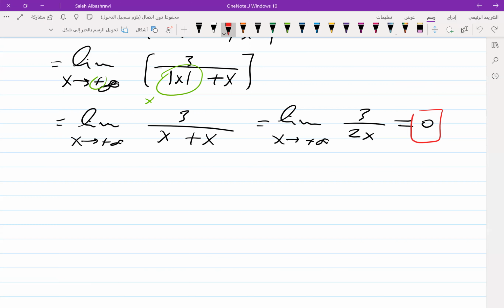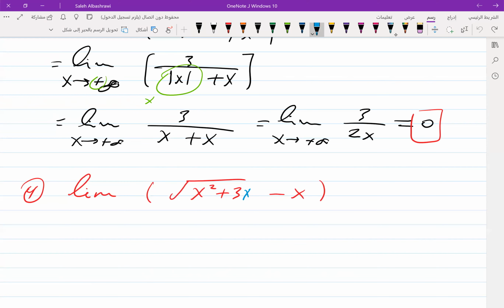This will be number 4. Suppose that you are given this problem, limit of square root of x squared plus 3 minus x. This was the problem in example number 3. Now if we add this part, make it not 3, I will make it 3x.